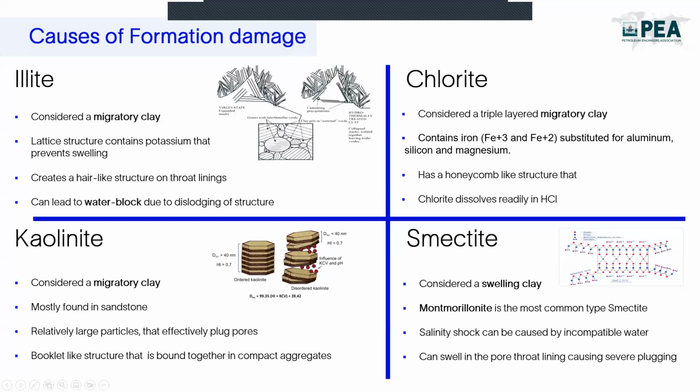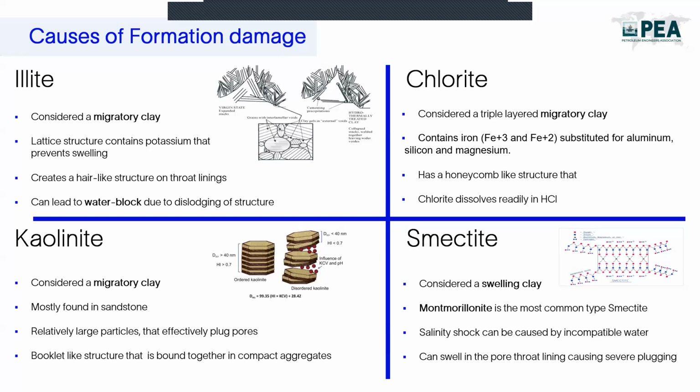As you see here, there are some silicate sheets, and they are separated by potassium, and this potassium actually controls the stability of the clay and ensures minimum volumetric changes. So that's why illite hardly swells or gets bigger, but it moves throughout the pore throat.